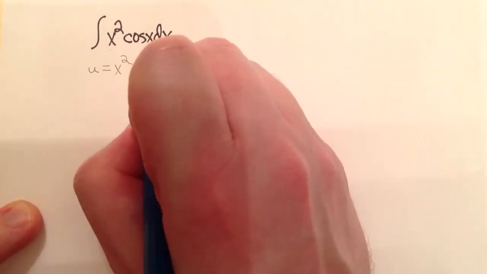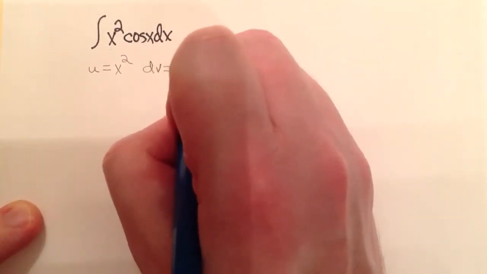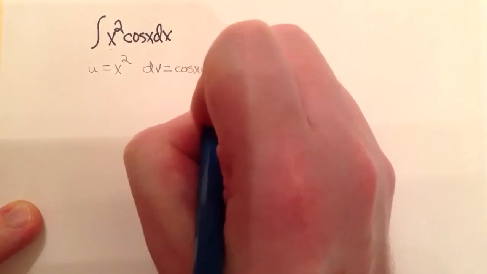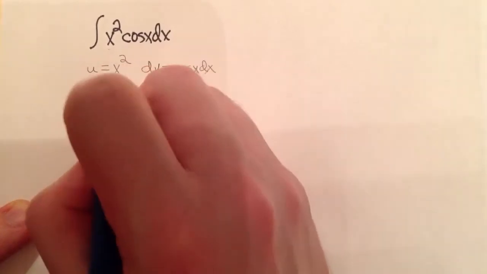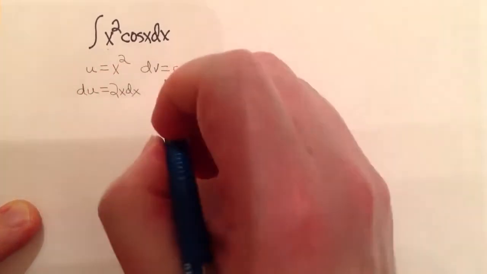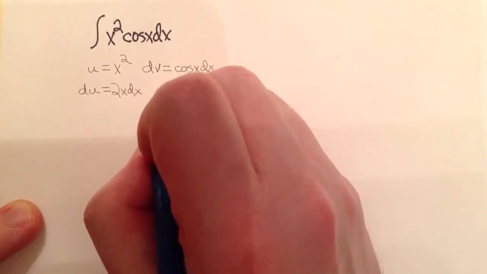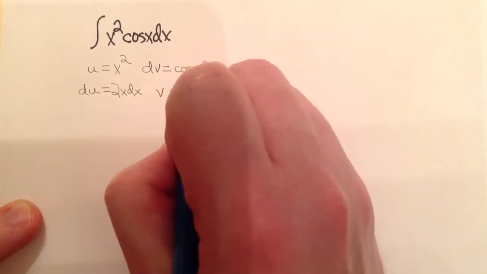And so, going back to the integration by parts, we have in this range that u is equal to x squared, from which we have du equal to 2x dx, and as for dv equal to the cosine of x dx, we had that v is equal to the sine of x.